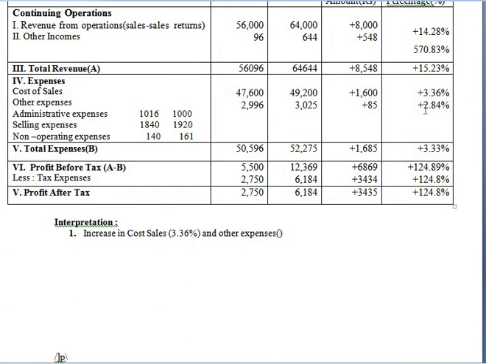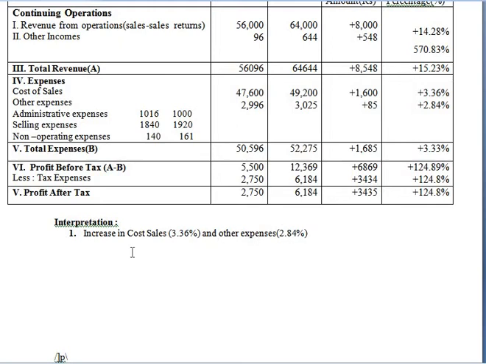How much? 2.84 percentage. Okay. Increase in cost of sales and other expenses.